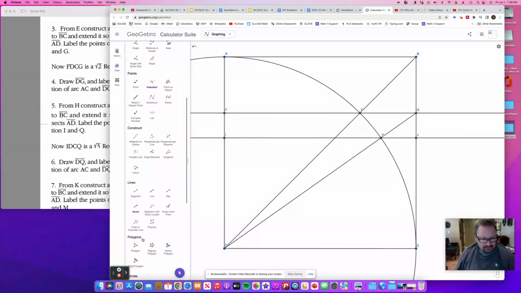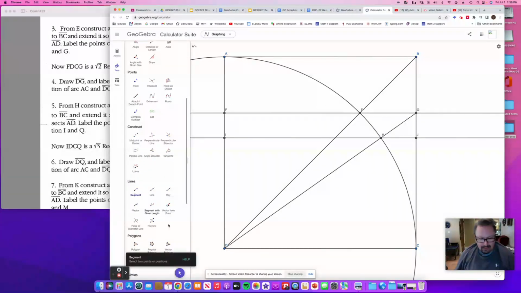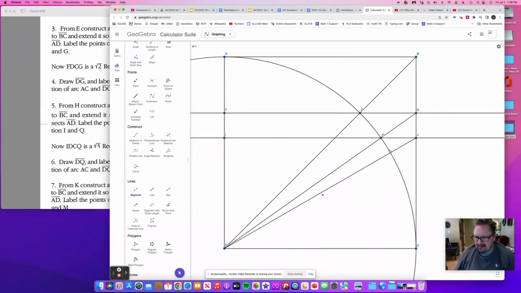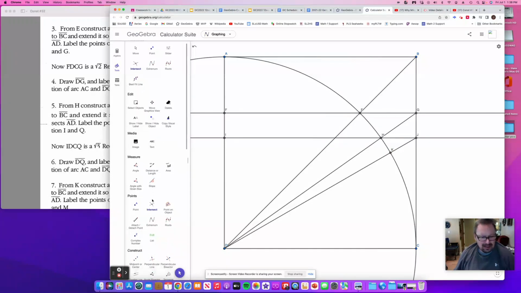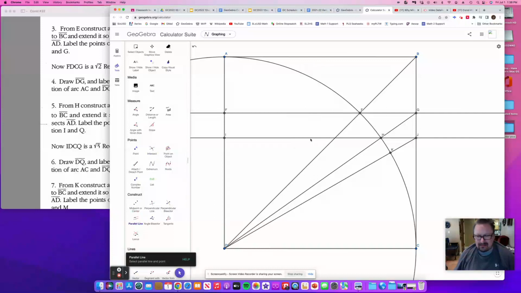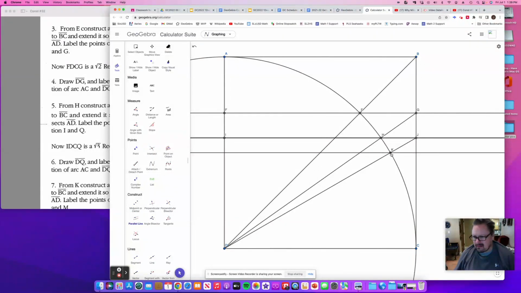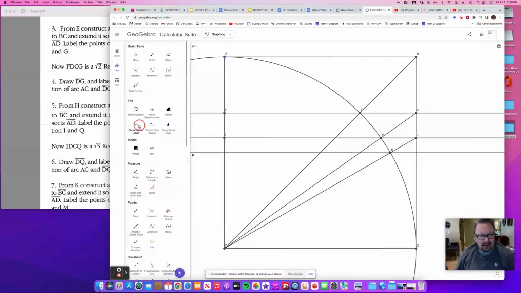Okay. And we just keep making our way down the side, with the segments, then hiding the labels, marking the intersections, and then using the parallel line tool. And again, hide the label.